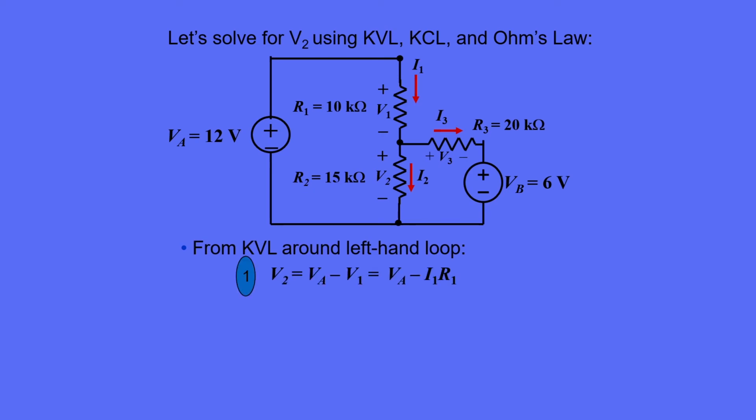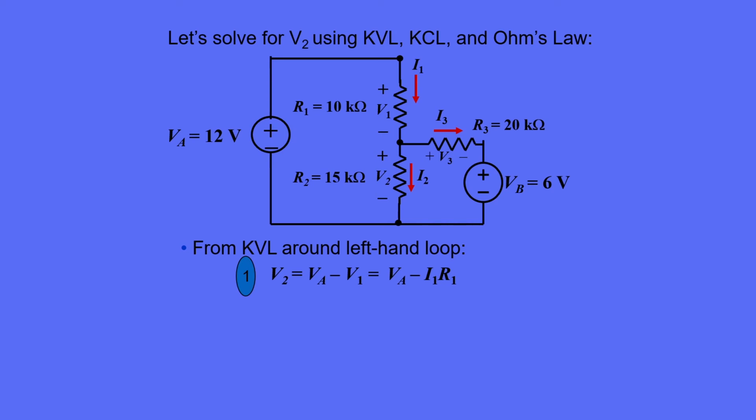The first step is to take KVL around the left-hand loop. We'll call this equation 1 for reference purposes. V2 is equal to VA minus V1. We've arranged the terms a little bit algebraically, but I'm sure you can follow.